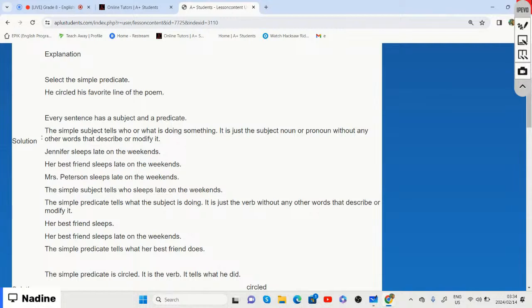And we said earlier, a complete subject can be one word or more than one word that tells us who or what is doing something. But now with a simple subject, it is basically only the subject noun or a pronoun without any other words that describe or modify it.